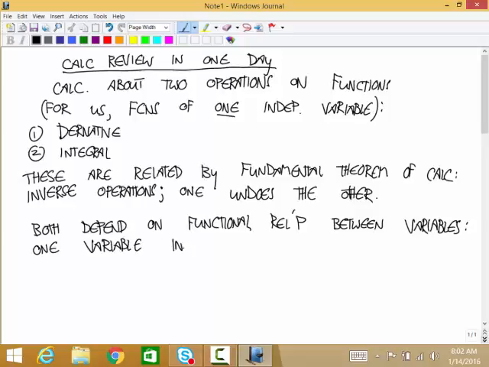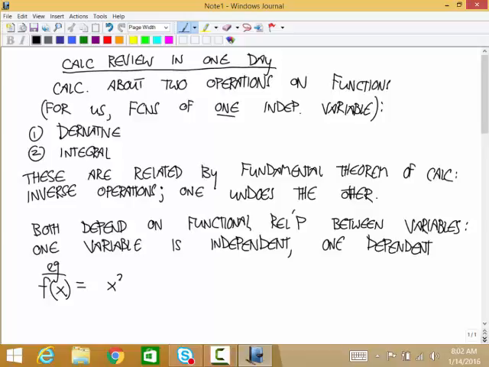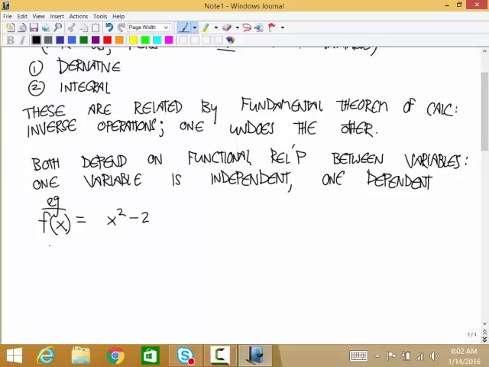One variable is independent, and one is dependent. So, for example, if you say f of x is equal to x squared minus 2, then in this case, x is the independent variable, and f is the dependent variable.